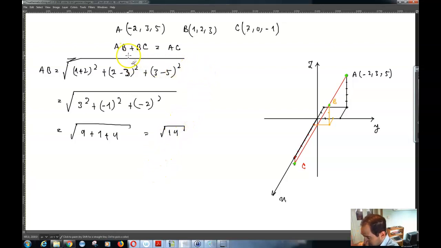So AB is equal to the square root of 14.